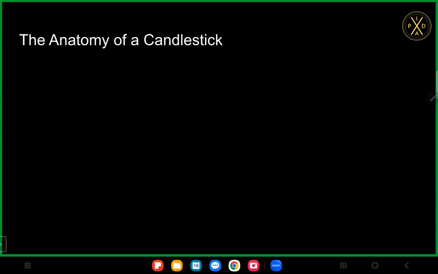All right, so first we're going to start off with the anatomy of a candlestick. This is going to be for the guys that are newer. A bullish candle is going to have that open, high, low, and then it's going to close higher than it opens. So this is that bullish candle.